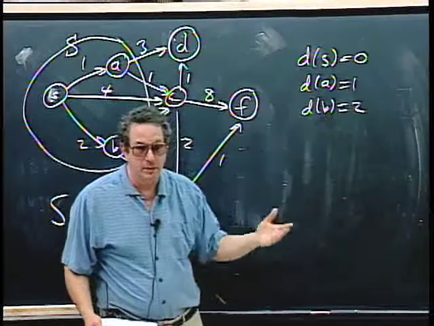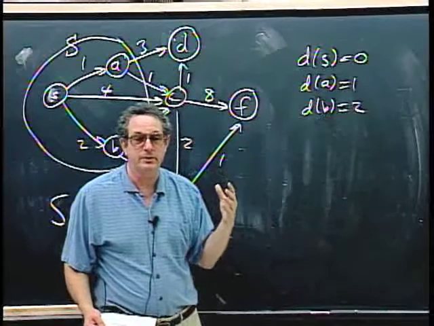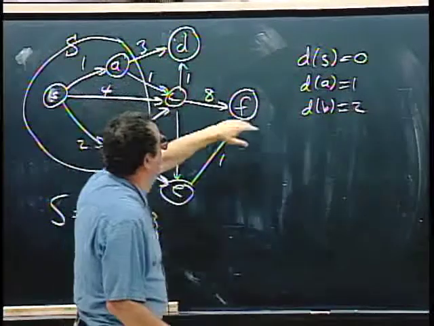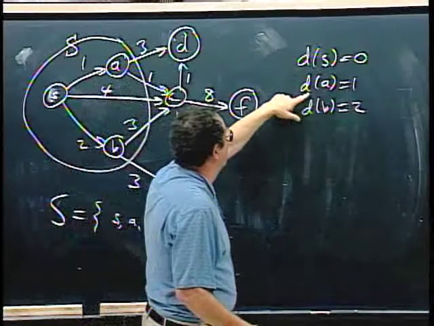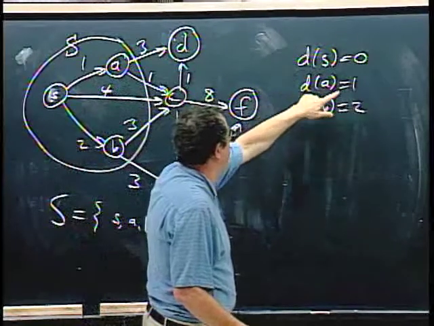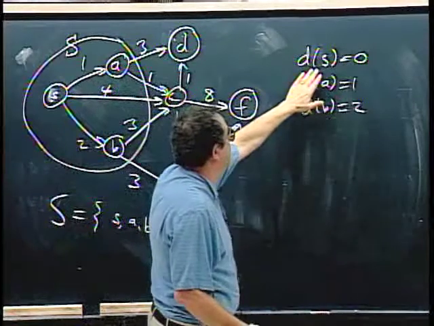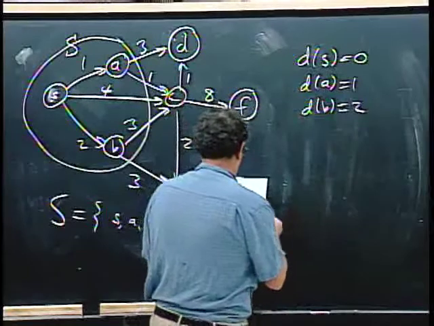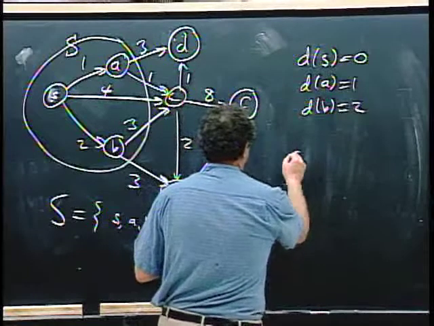In a minute, we'll give a formal proof of correctness where that will be an explicit assumption. But in this example, let's assume the algorithm has correctly computed d of a equal to 1 and d of b equal to 2. Obviously, it correctly computes d of s equals 0. That's not in doubt.